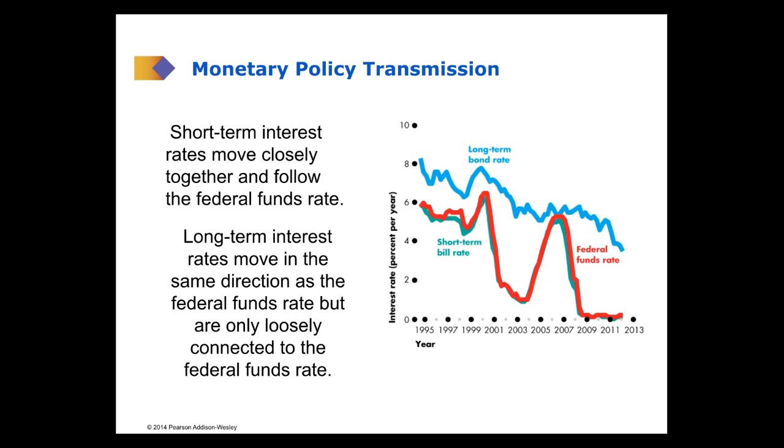Well, those loans often move very closely along with the federal funds rate, which is why the Fed targets the federal funds rate, because if they're able to do that effectively, then all the other interest rates in the system, the rates for mortgages, the rates for business loans, et cetera, will move in a similar direction. They're going to be higher than the federal funds rate, but they will move in a similar direction.